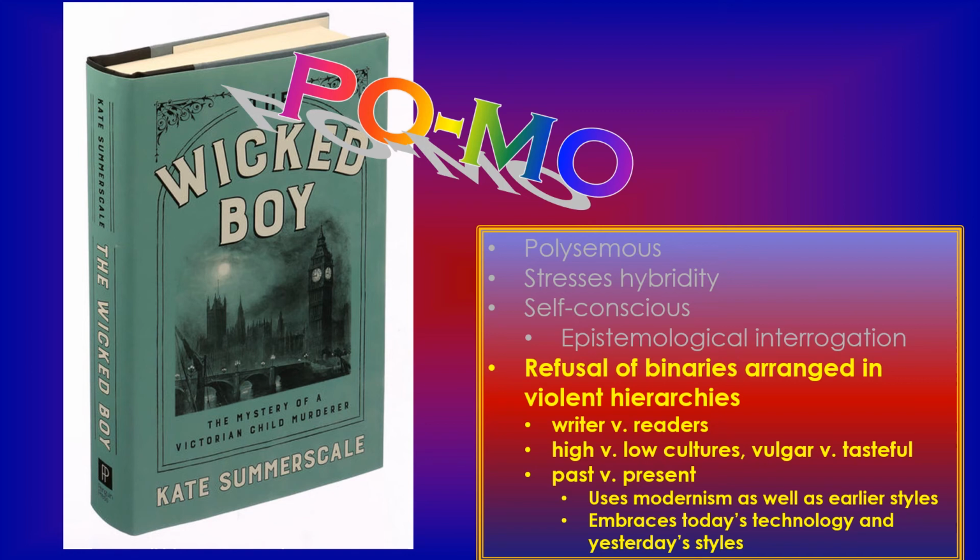The Wicked Boy includes all of those very carefully, and very carefully refuses to prioritize one over the other. It's careful to allow the reader to make their own decisions, even while the text is so carefully organized. While the text is, in other words, so writerly as to suggest some considerations more than others, it doesn't force certain conclusions.